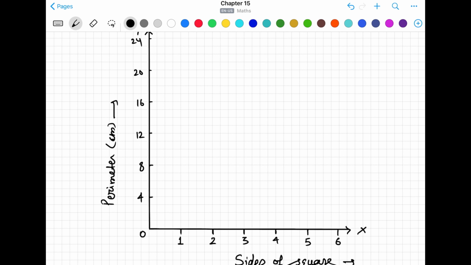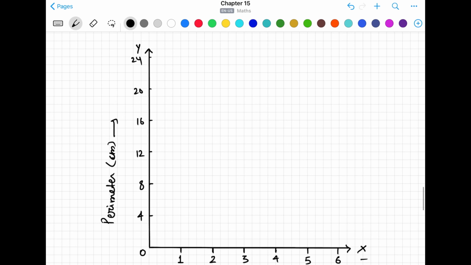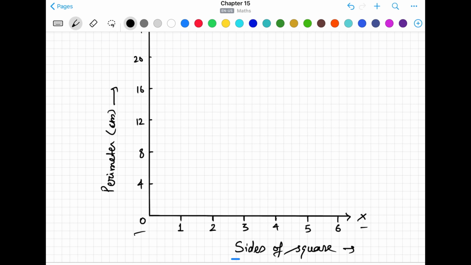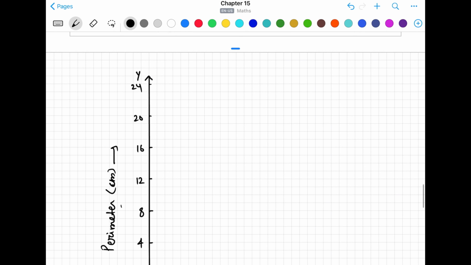Again, I have already drawn the axes. We have the x-axis here, the y-axis here, and where the axes intersect we have the origin. On the x-axis we have the side of the square, and on the y-axis we have the perimeter.